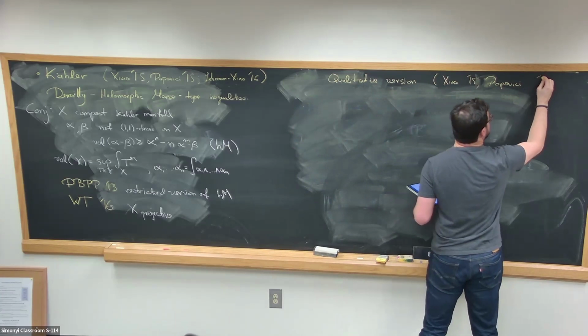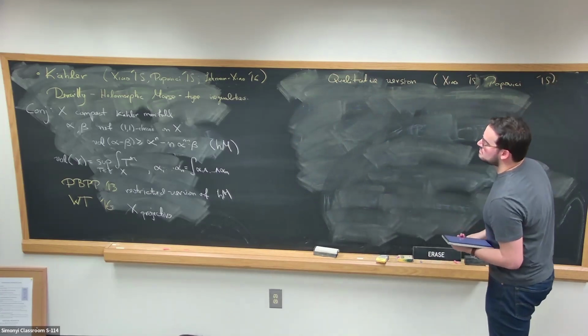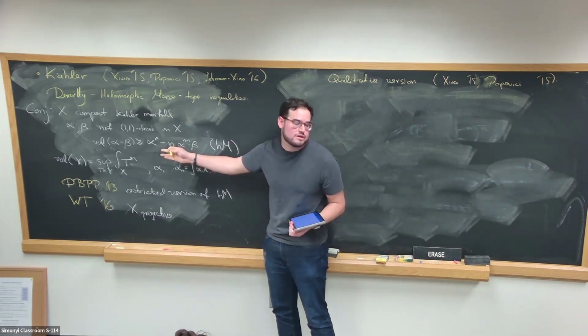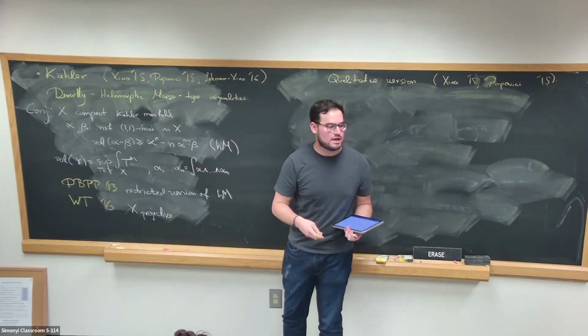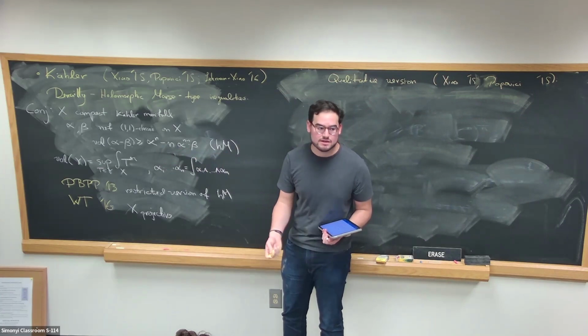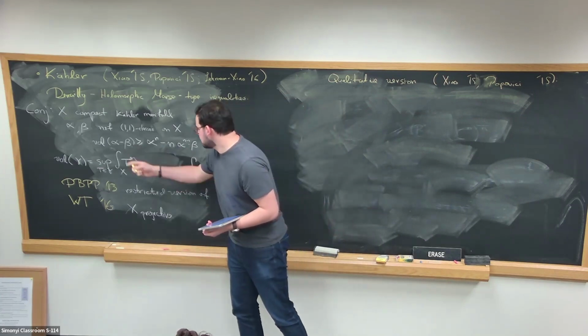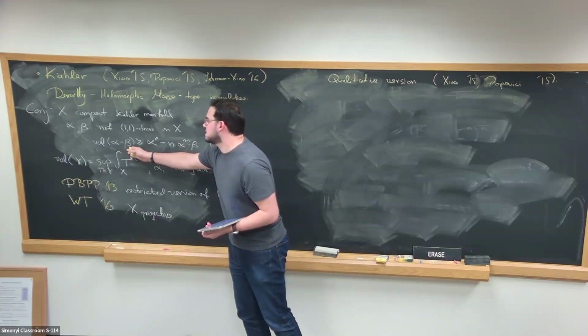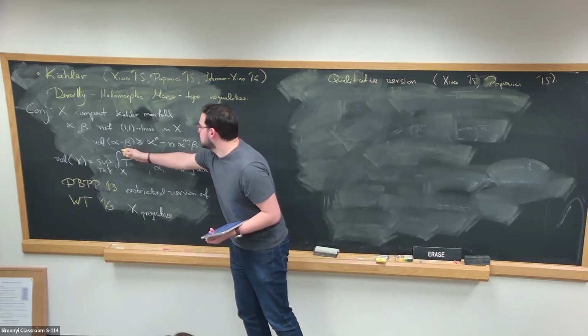What do I mean by qualitative? I mean that you can think about this inequality as a criterion to determine when the difference of two nef 1-1 classes is big, so when the volume is positive. You can think about using it to determine whether this is big.